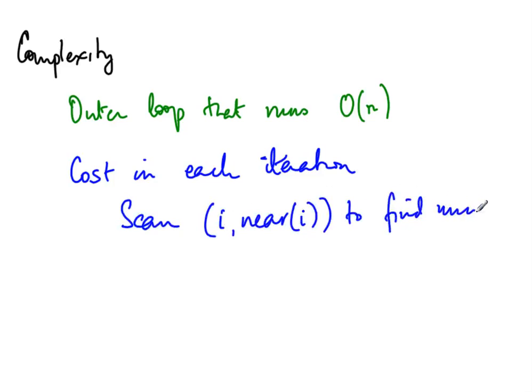So in the worst case, we will generally be scanning n vertices. Of course, the number will keep coming down. So it's clear that this is order n, that is order n. So overall, we have an O(n squared) upper bound. And this is the basic cost of Prim's algorithm.